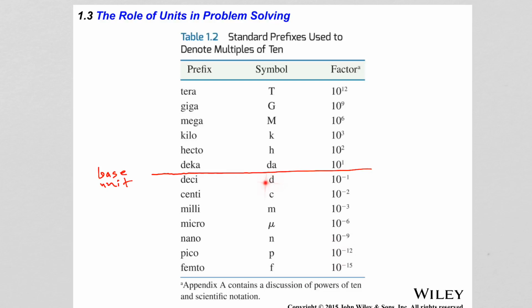The symbols that correspond to those powers of 10 are shown in the middle column here, and the pronunciation of those symbols is shown in the left column. And so the lower you go with the power of 10, the smaller the denomination is.